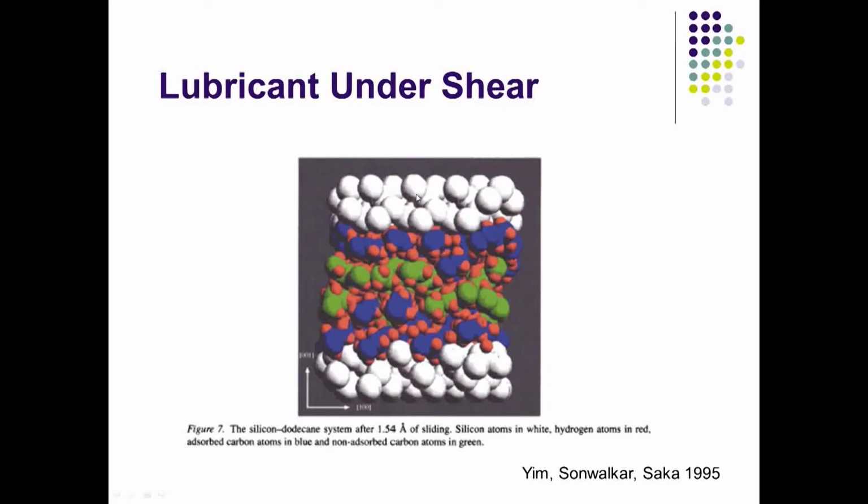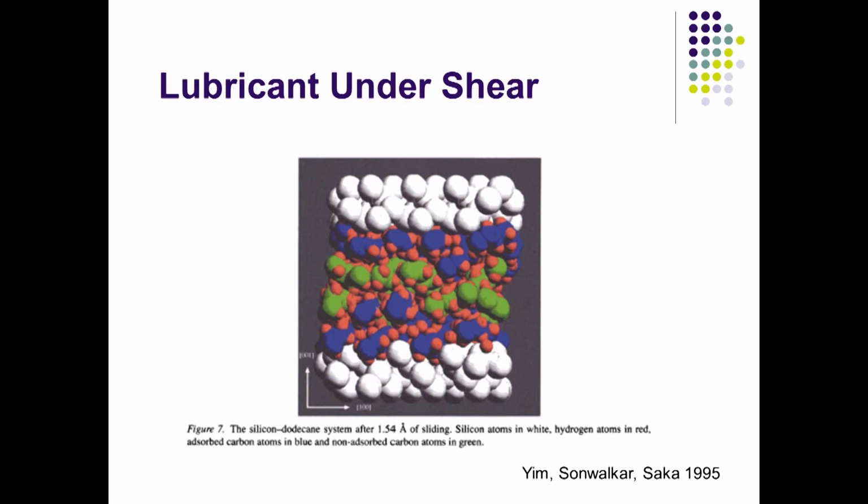Now what we are going to do is provide some shear. This is the picture that you have been seeing in all my lecture slides at the beginning. This is where it came from, where we looked at the two layers of silicon, and then the green layer which is the non-absorbed and the blue layer which is the absorbed layer. As you shear, we are going to make more shear.